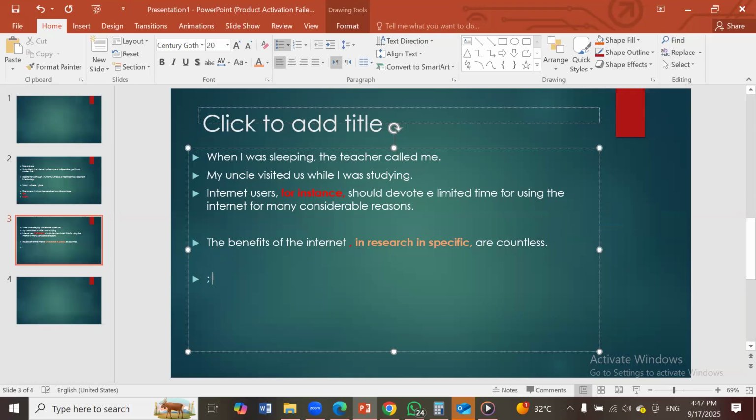Concerning the punctuation marks, what is this called in English? In Arabic it's called فاصلة منقوطة. Semicolon. How do you use it? After we maybe give a definition of something, a reason for something, or emphasize something. After giving a reason, what does it replace?